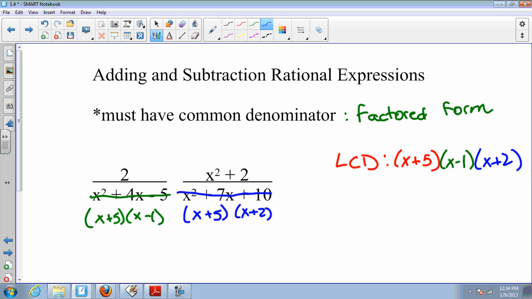We now multiply the fraction by its missing component. So the first fraction is 2 over x plus 5 times x minus 1. It needs the x plus 2, so on top and bottom, x plus 2.